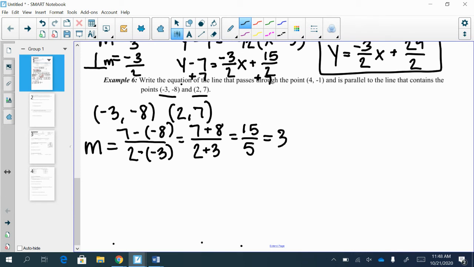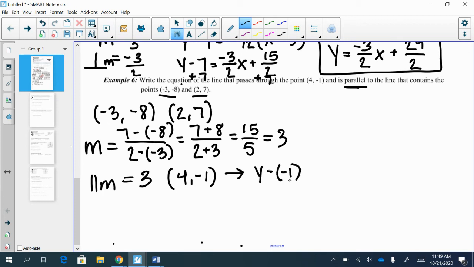Okay, and then we're looking for its parallel. So our parallel slope is going to be the same slope. And then our point that it's going to cross through is 4, -1. So let's plug that into our point slope form. So y minus -1 is equal to our slope, which is 3, times x minus 4.